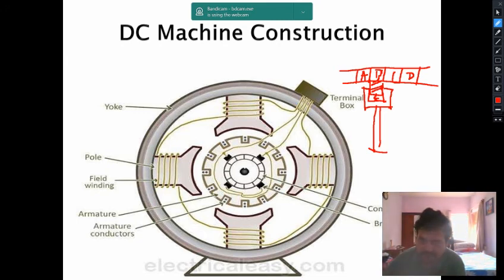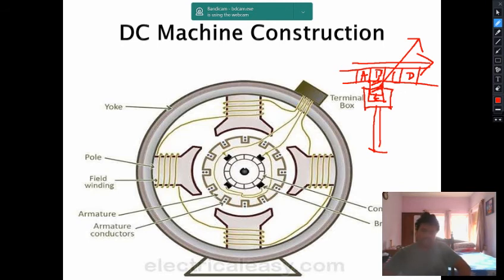This brush is sliding against the commutator segments, because the commutator segments are rotating at a very high speed since they are placed in the rotor, but this brush is static, it is not moving. So there will be a huge frictional force between them.